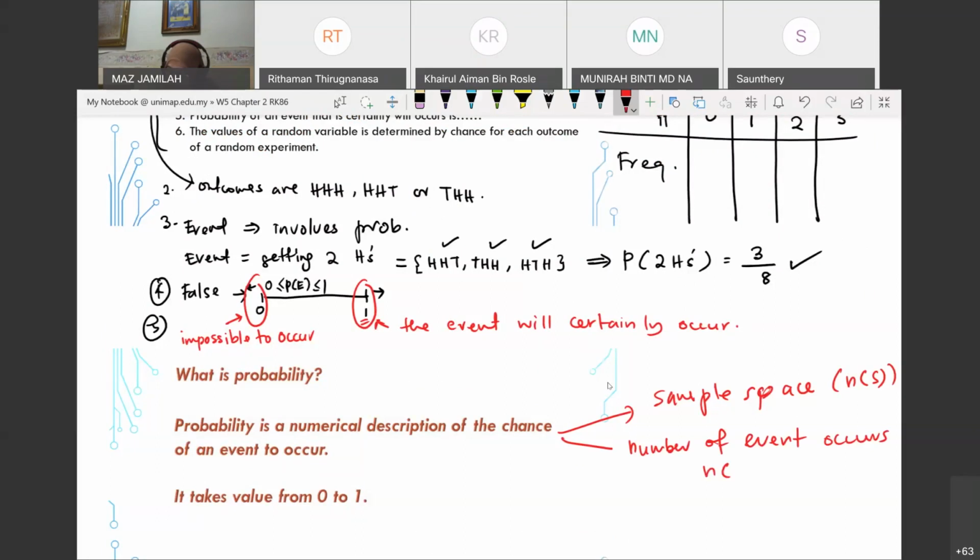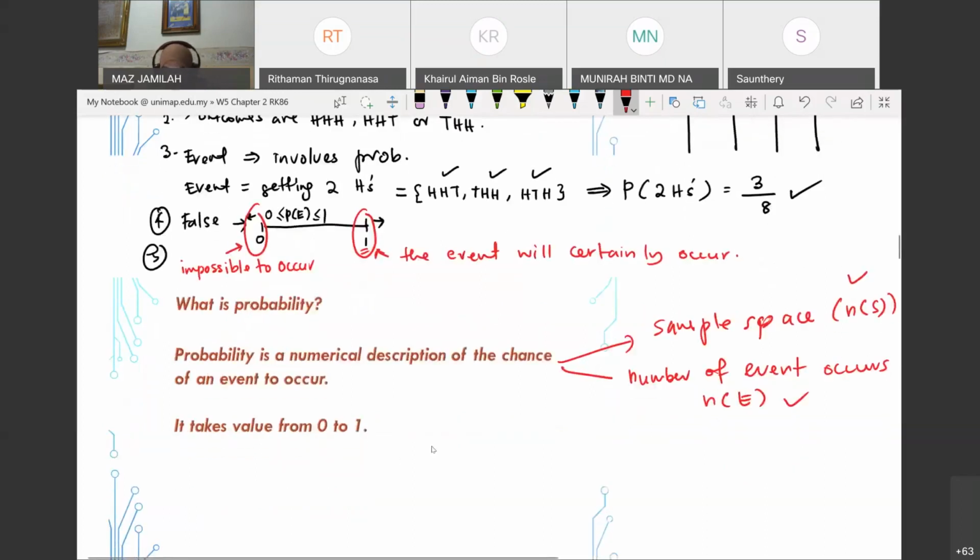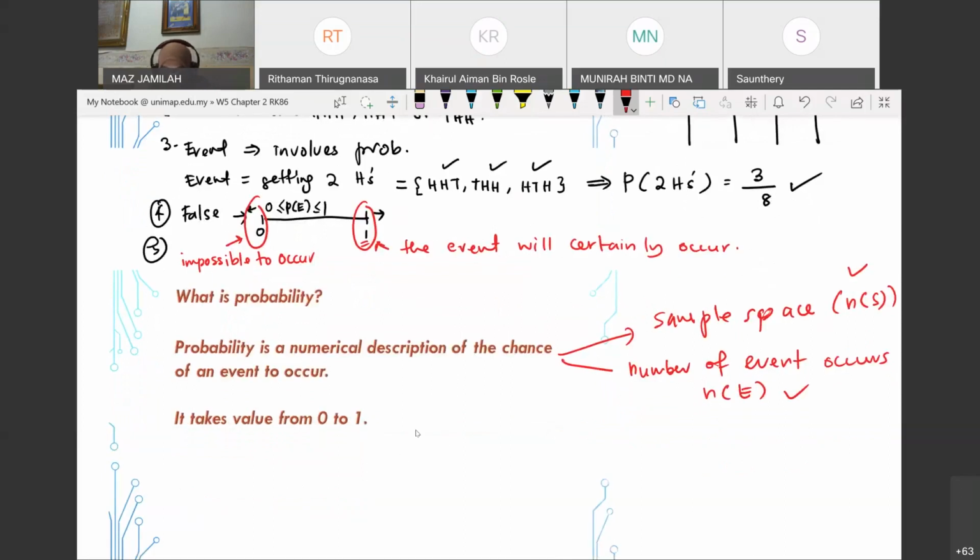That is your number of E. Okay, so we'll look at these details afterwards. And we know the probability value takes values from 0 to 1.